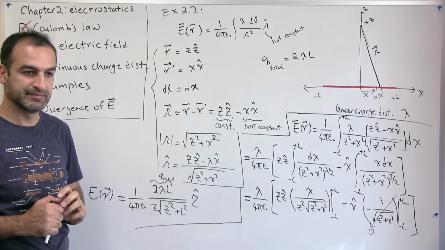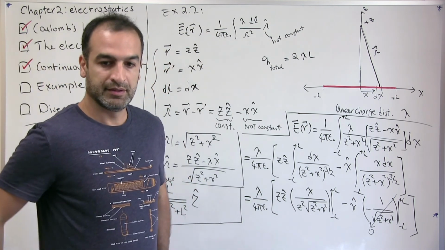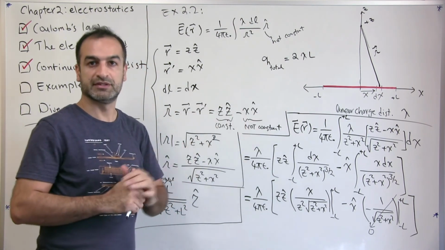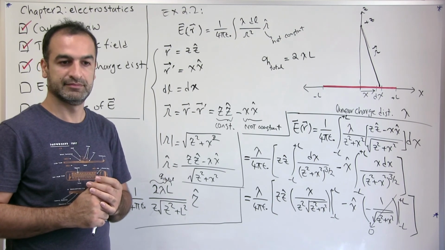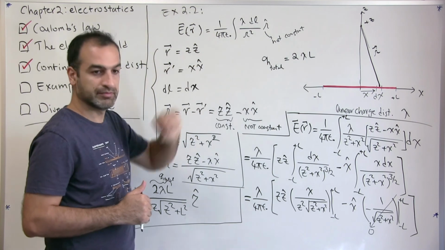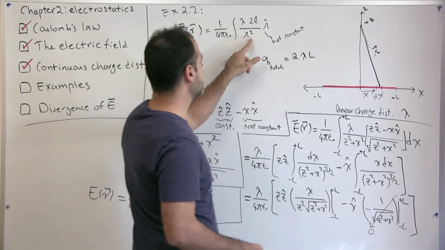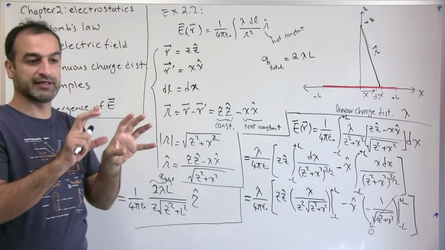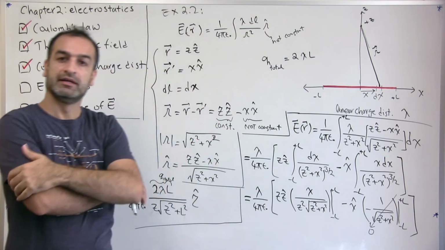Sounds good? Yeah, so R prime will always be the source points. R prime always refers to the source point distribution, yes. And R refers to the field point. The separation vector is always a function of both R prime and R, okay? And the unit vector the same way, okay?